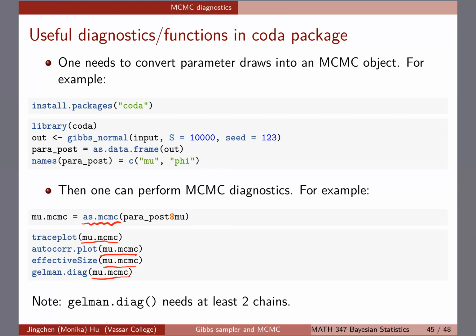This is handy in the future, maybe not so much in our course, but if you ever run into models that JAX might not be able to do for you, and you will have to write your own MCMC, maybe a Gibbs sampler, maybe some other algorithm, the CODA package will be super helpful to do the diagnostics that you need. But for what we focus on in this course, JAX will be helping us do the actual sampling, as well as all of the diagnostics that we've been talking about.